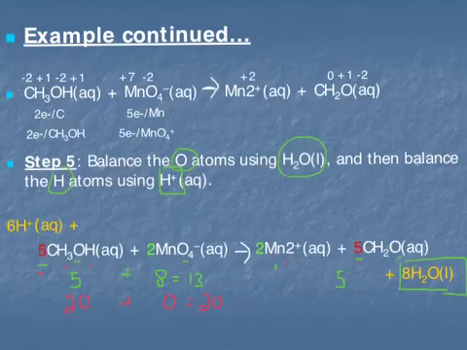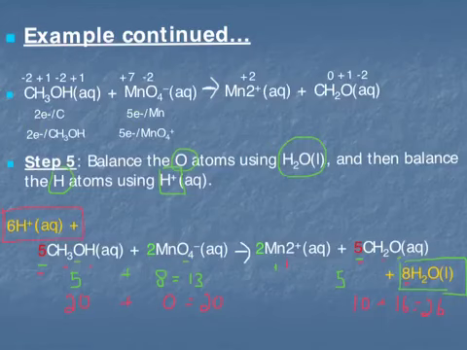Here there's 5 times 2, or 10, and now with our newly added water, we know there's 8 times 2, or 16. 10 plus 16 is 26. So it appears that we are going to be short 6 hydrogens on the reactant side because we only have 20 on the reactant side and 26 hydrogens on the product side. So how can we fix that? We can simply add 6 H pluses to the reactant side.